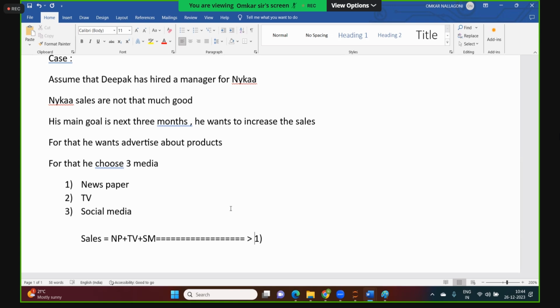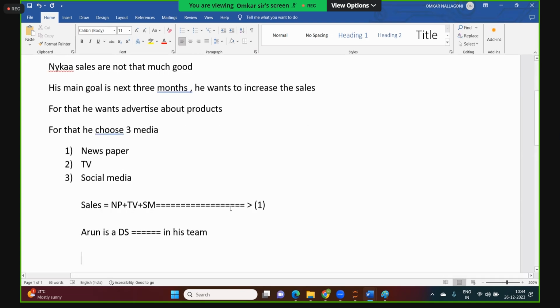Then he went to Arun, a data scientist in his team. Now Deepak is asking Arun, is my equation true or not? Tell me, what is your answer?